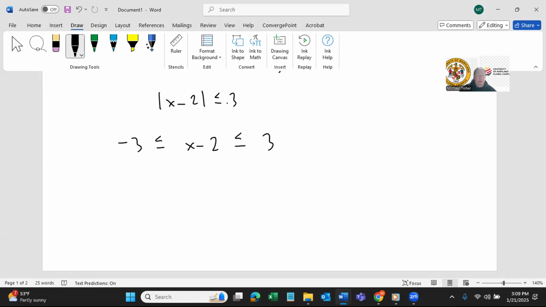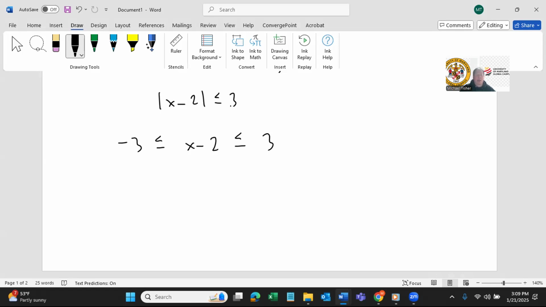All right, now what if this was a 4 instead of a 3? Well, we would put -4 here. Always do less than or equal to. Contents of the absolute value are written here, and then less than or equal to, and then put the given number 4. Or if this was a 5, we'd have -5 here, x minus 2, and then 5 there.